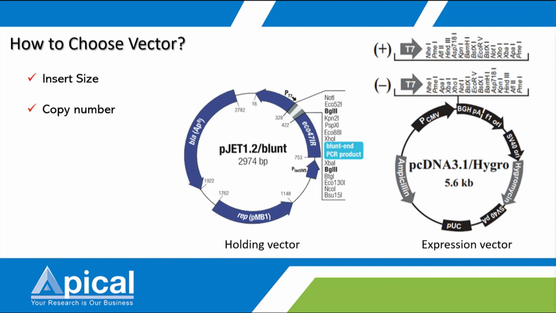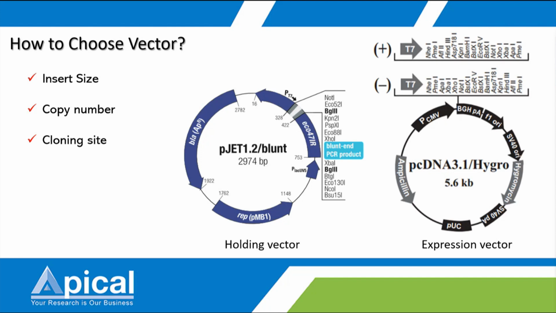So bigger vectors will have lower copy number, which is very common. If your objective is to get multiple copies of the recombinant plasmid, then you go for a smaller size or a simple vector.